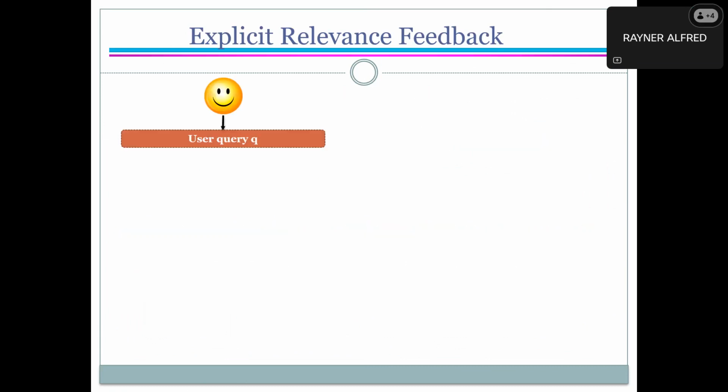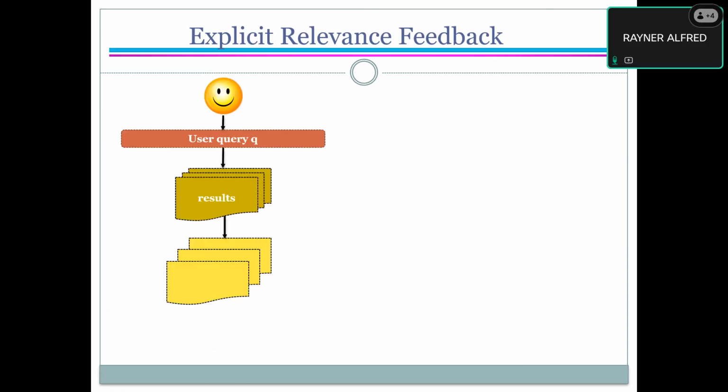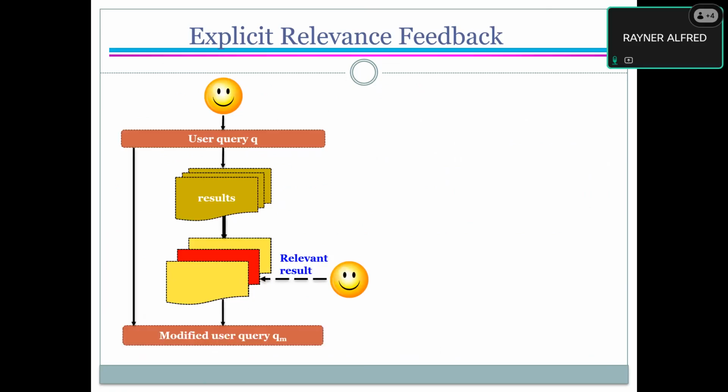So for example, this is the result given to us based on the query, and they will tell us which documents are relevant, and then they modify the user query again based on the documents that we have.